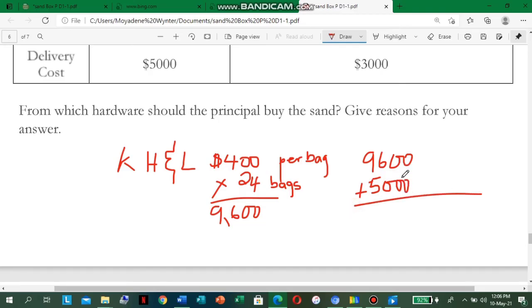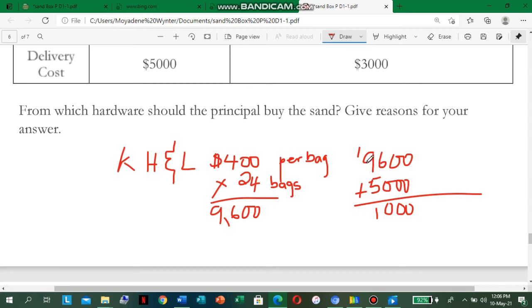When I add this, what do I get? 6 plus 5 is 11. I put 1 over there. Oh, wait, 9 plus 5 is what?